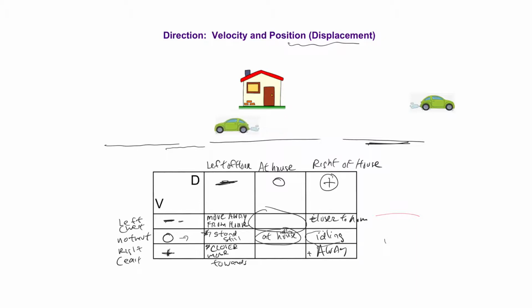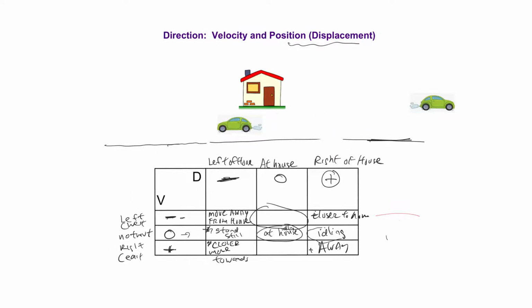So at that instantaneous moment, the car was to the right of the house and it's moving west, moving left, and right here the velocity is still negative. The car's still moving, but it's just passing the house. So that's what that means.